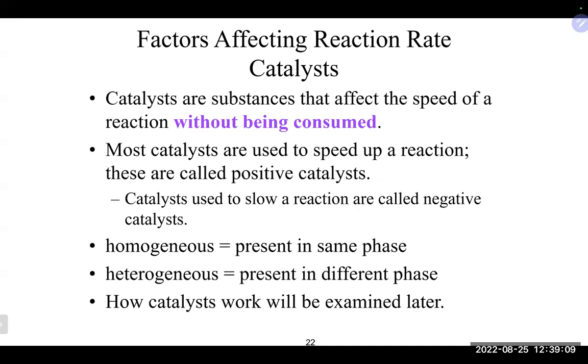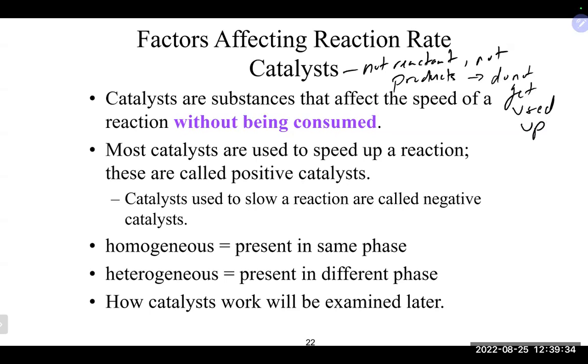Another very common way that reaction rates are affected is catalysts. And once again, catalysts are not reactants and they are not products. They do not get used up in the chemical reaction.